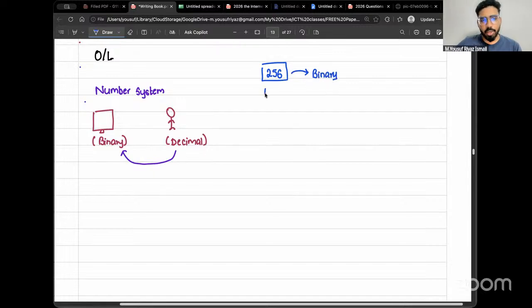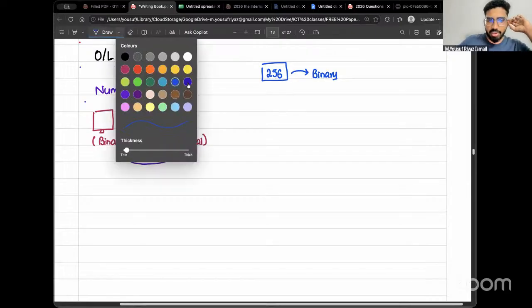But let's say there are situations where you have to store a person's name, or some characters like an email address, or a symbol. When you want to store values that are not a number, we have a problem. The number 256 I can convert to binary by dividing by 2.